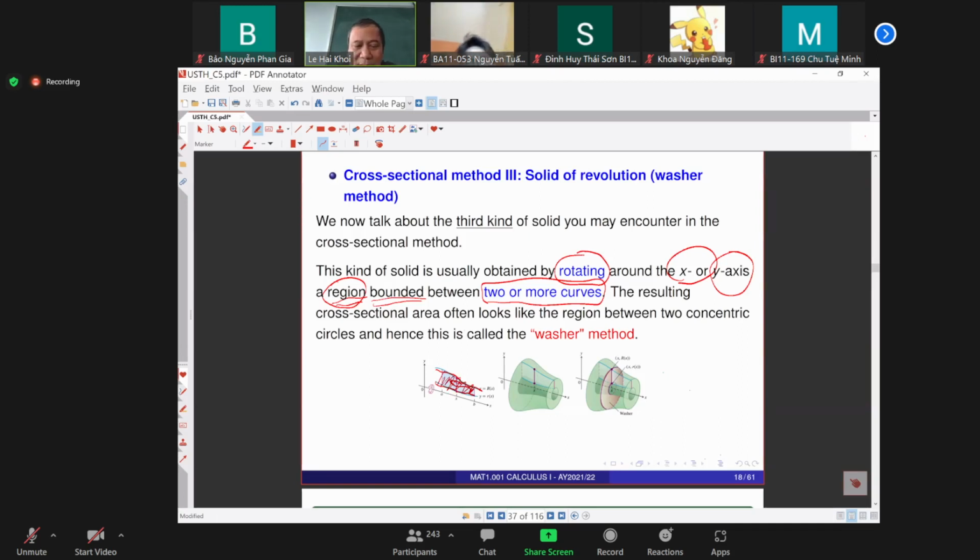Then you can imagine by the bigger upper curve, you have a big vase, cái lọ hoa to.